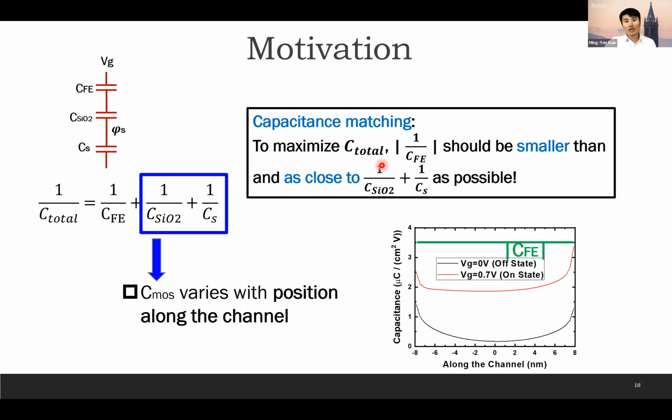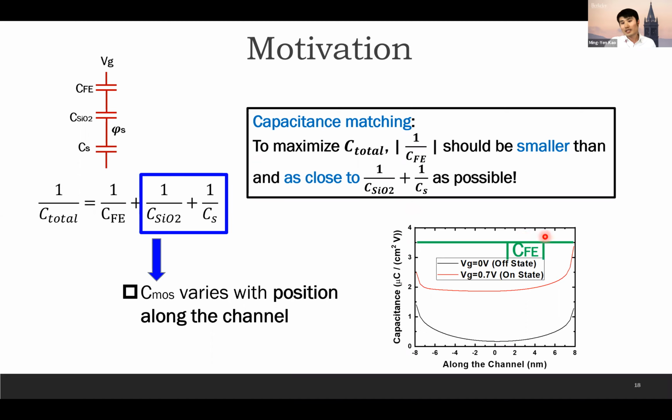I would also like to introduce the capacitance matching condition. To maximize C_total according to this equation, the absolute value of the inverse of C_FE should be smaller and as close to the inverse of C_MOS as possible. But right now we are looking at C_FE and C_MOS, not the inverses. So C_FE should be larger than and as close to C_MOS as possible.